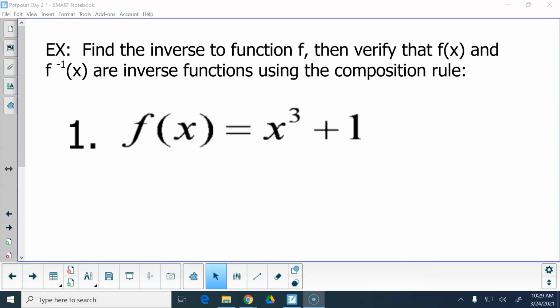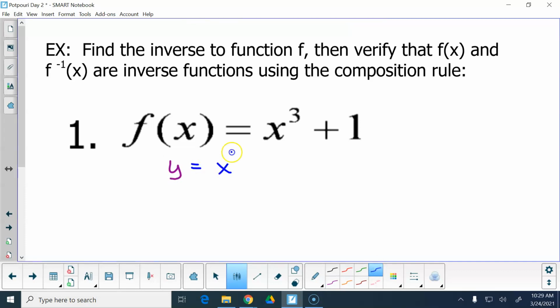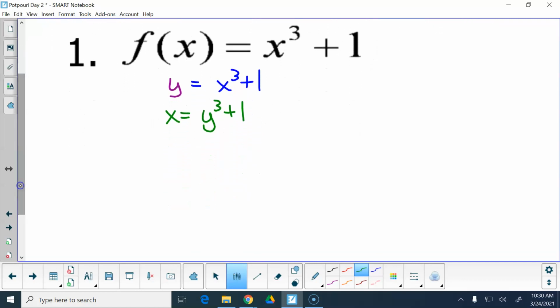Okay, so if I'm going to find the inverse, first thing I'm going to do is switch f of x to y. Then I'm going to switch positions with x and y. Then I'm going to solve that for y.